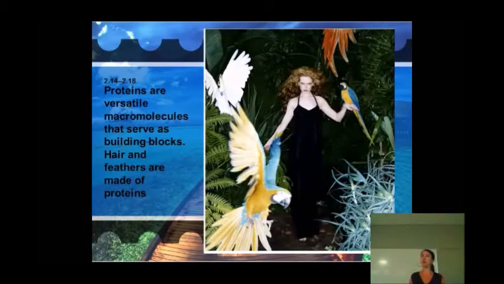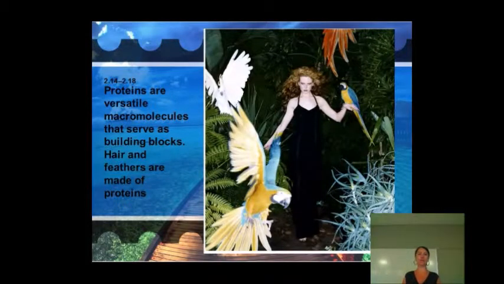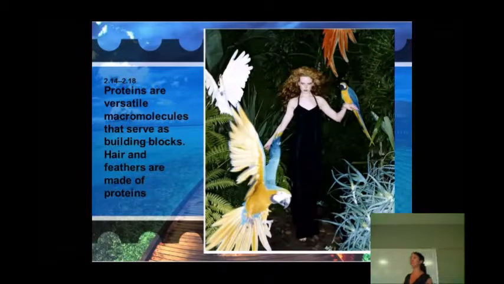The next thing that we'll talk about, so we've talked about carbohydrates and now lipids. Now we're moving on to proteins. So proteins, and this is kind of a funny picture. She's looking all voluptuous. And what they were trying to point out in this picture is that both hair and feathers are made out of proteins. And so proteins serve as these building blocks.